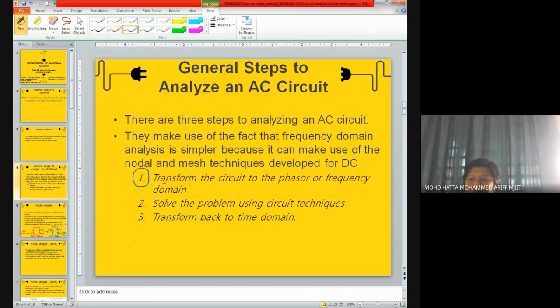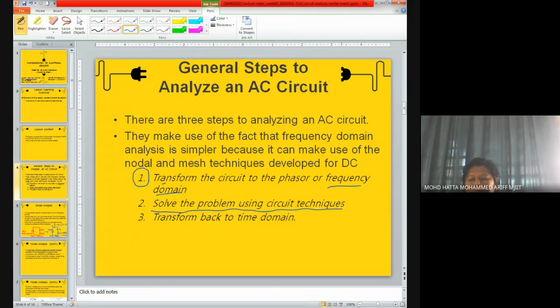Later on, if you try to get into the analysis using circuit analysis methods, you cannot do that unless you transform your circuit into frequency domain values. After you convert into frequency domain values, later on you can solve it using any circuit technique that is available.